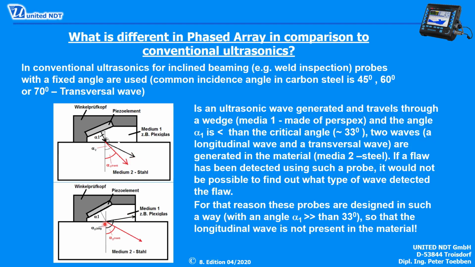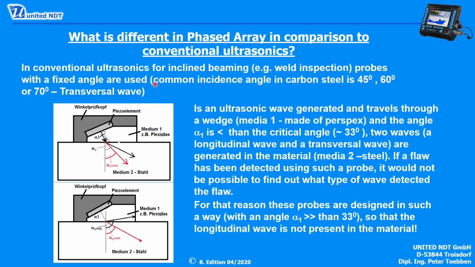So you must have one wave to be sure that you have the right distance measured later on, or the depth and so on. Alright, so now we understand the reason. People who have this basic know-how in ultrasonic inspection already know it must be above the critical angle, and then usually 45, 60 and 70 degree angles are used.